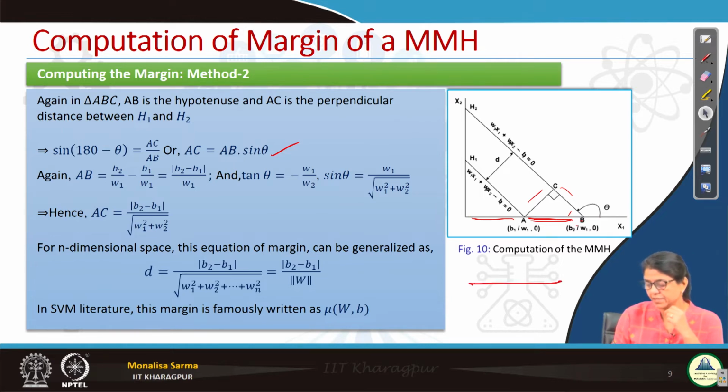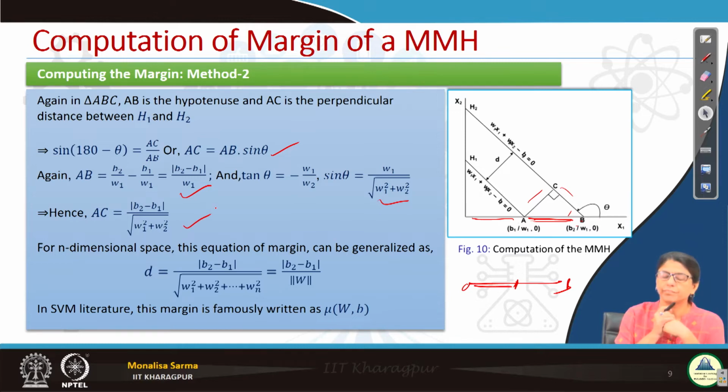This is AB, this is from 0 to B. This distance minus this distance will give me the AB distance. So this is how I got AB, and I know tan theta is minus W1 by W2. If I know tan theta, I can easily find sin theta. Simple calculation, right? So I found AB, I found sin theta, so I found AC.